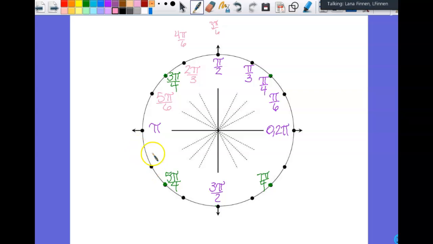So I go one more, and that gives me 7 pi sixths. This gives me 8 pi sixths, which is 4 pi thirds. This gives me 9 pi sixths, which is what? Wait, no. Did I do that wrong? Oh, I did that right.